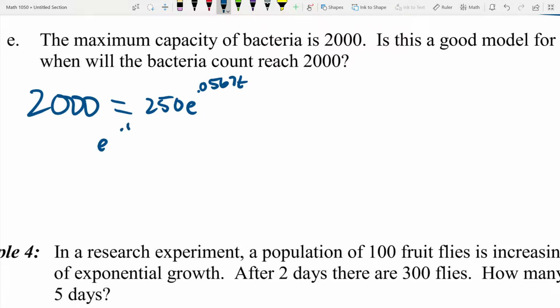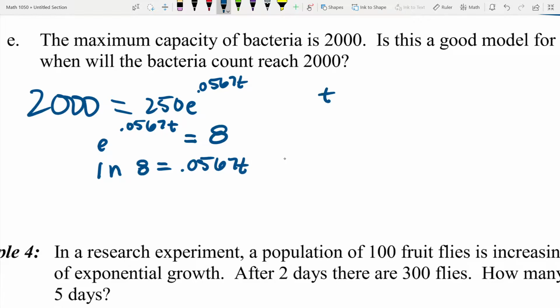So e to the 0.0567 t is equal to 2,000 divided by 250, which is 8. Now I convert it. ln 8 is equal to 0.0567 t. Divide: t equals ln 8 divided by 0.0567.